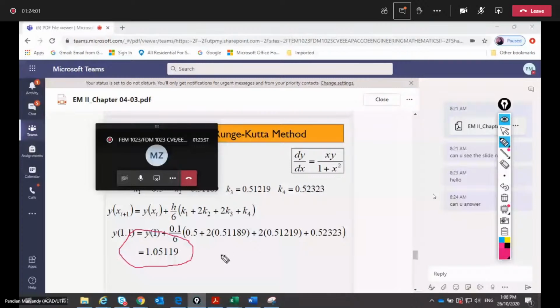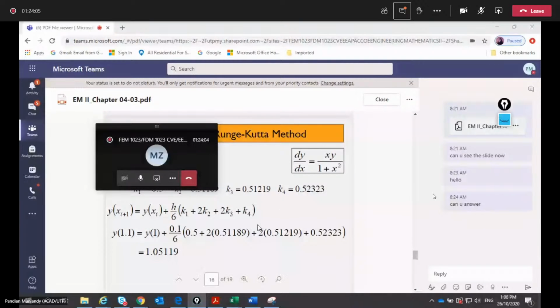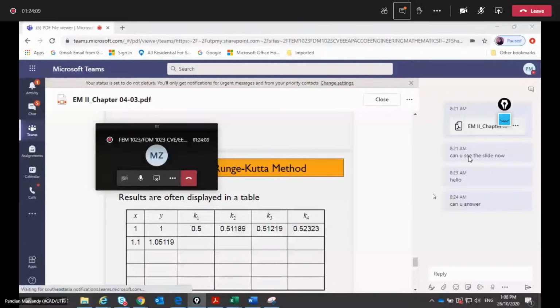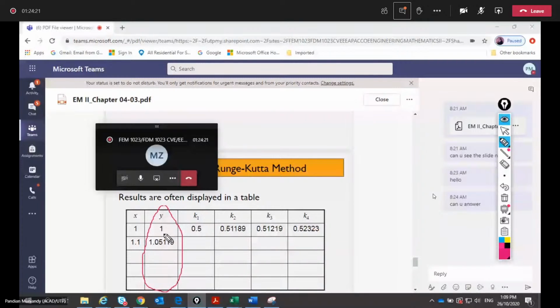But the idea of this method is not only this, it's more than that. We want to investigate what happened to these values. From the problem, they just ask you to find the output at x 1.1. So this one is over already.